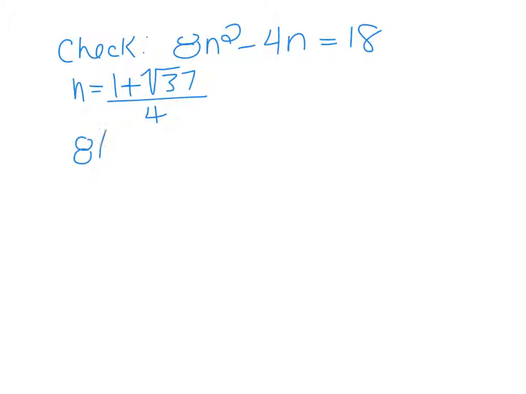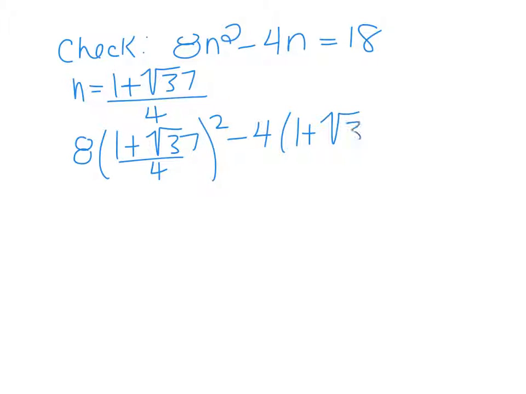So we'll have 8 times 1 plus the square root of 37 over 4 squared minus 4 times 1 plus the square root of 37 all over 4, which is equal to 18.